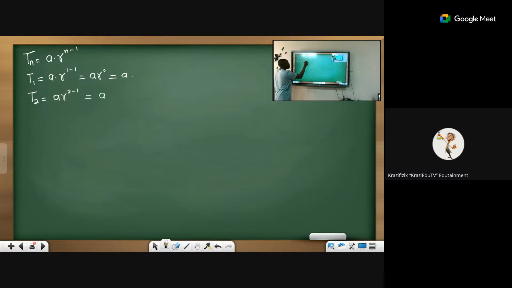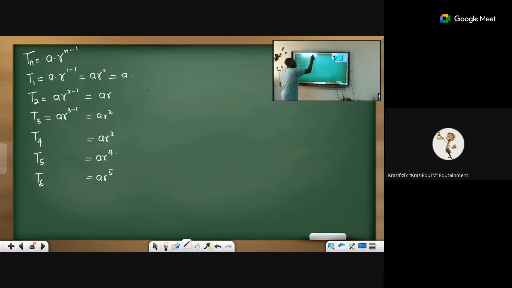What is T3 going to be? AR squared. What do you think T4 would be? AR to the power 3. What is T5? AR to the power 4. What is T6? Are we okay there? So take note.